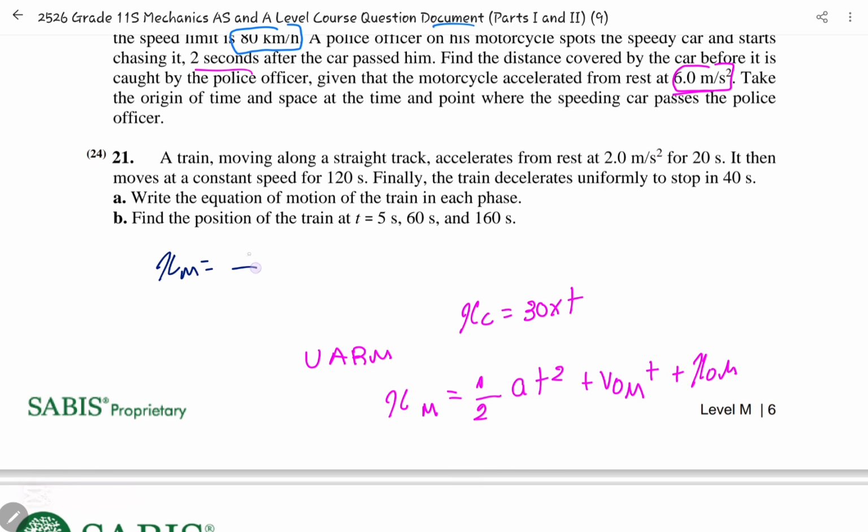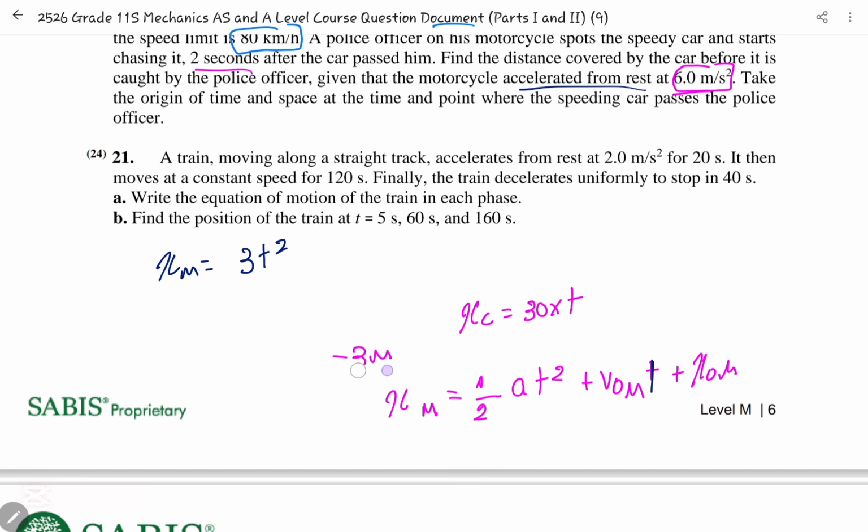It would be equal to 1 over 2 times 6, so that's going to be 3 t squared, plus v initial. They told us that the motorcycle accelerated from rest, so v initial is 0. This is t, by the way, plus x initial. What is x initial of the motorcycle? We're going to assume that he's starting from position 0.